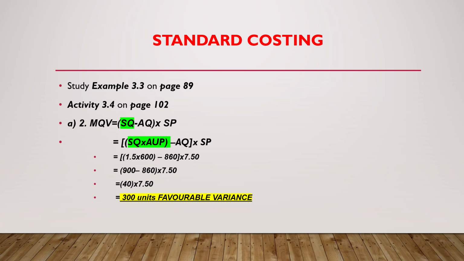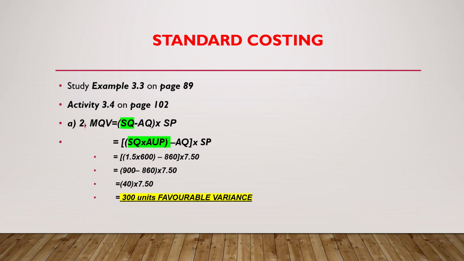Okay, now we are going to calculate material quantity variance. You still do study example 3.3 on page 89, the same example, but the activity, we do activity 3.4 on page 102, the same page.